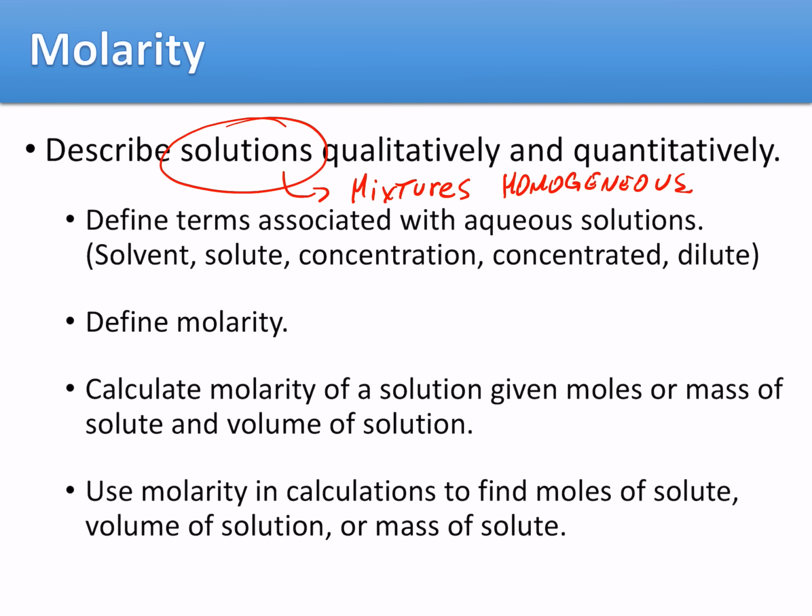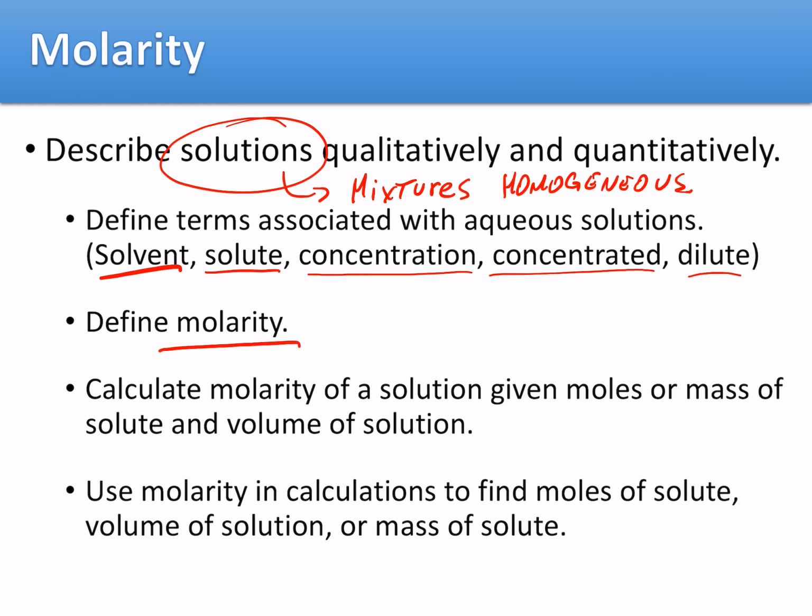Okay? And usually that solution will be made out of a solute and a solvent. And when it comes to solutes, probably it's not just one, it could be many solutes. So with that in mind, one of the things that we need to do is learn about all these concepts here: solvent, solute, concentration, what is a concentrated solution, what is a dilute solution.